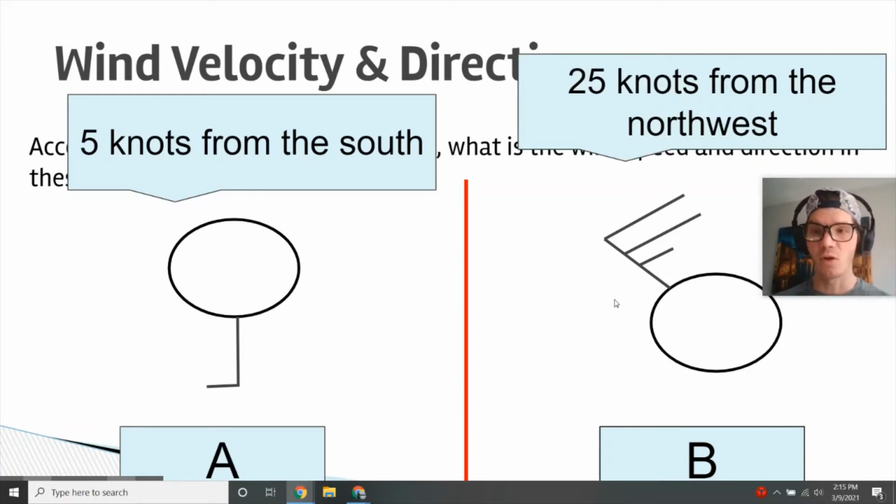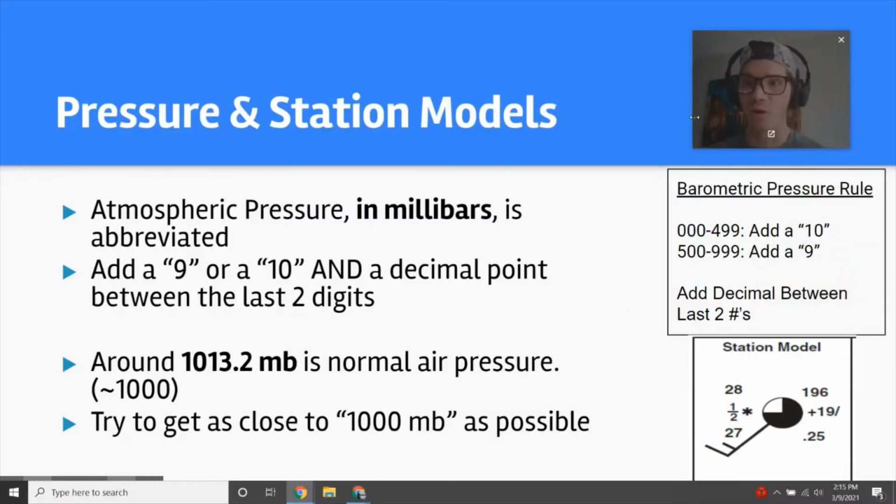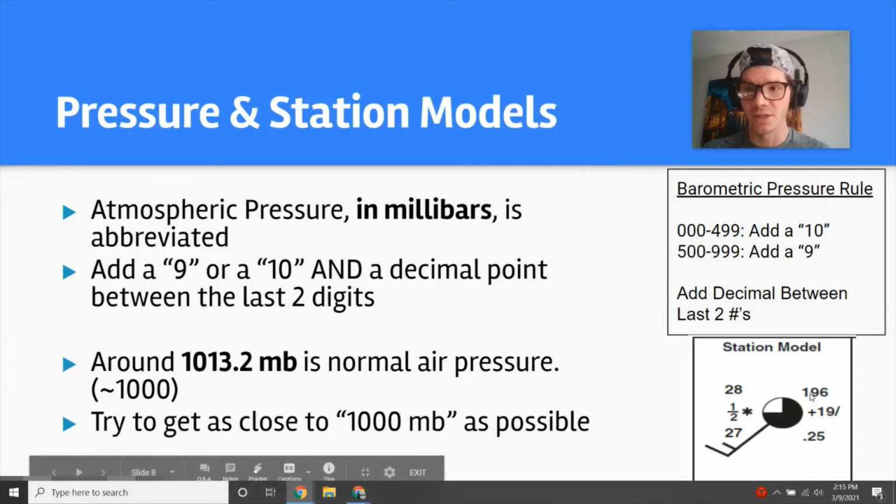The next thing I'm going to go over, which is definitely a little bit trickier, is figuring out the barometric pressure. There's a number of different ways I've taught students how to work with this abbreviation. So the atmospheric pressure is abbreviated in millibars. Here it says 196, but it actually means 1019.6.